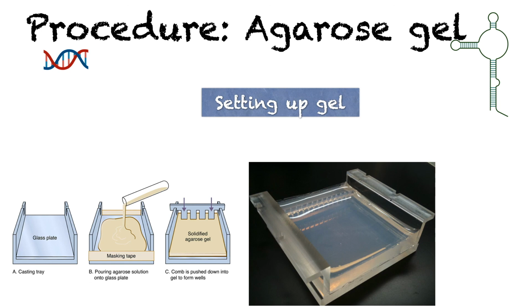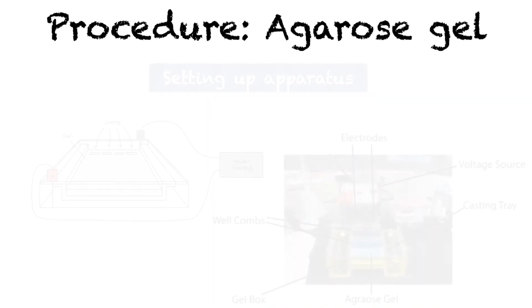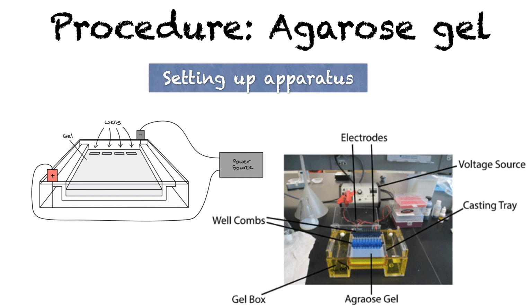After that, we pour our liquid into the cassette having the right type of comb on the plain surface, and we don't disturb it, and we let it sit for at least half an hour to 1 hour to set our gel. Then once the gel is set, we have to remove the comb and take that cassette with gel into the apparatus.